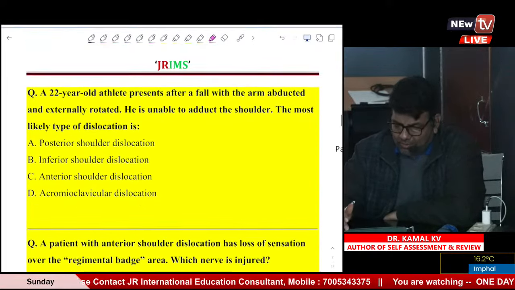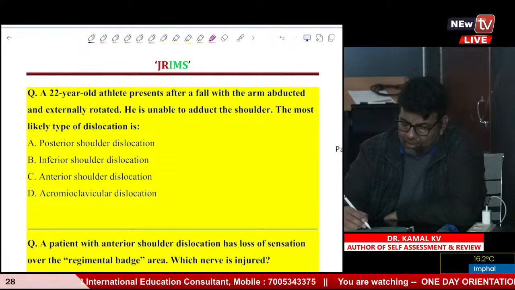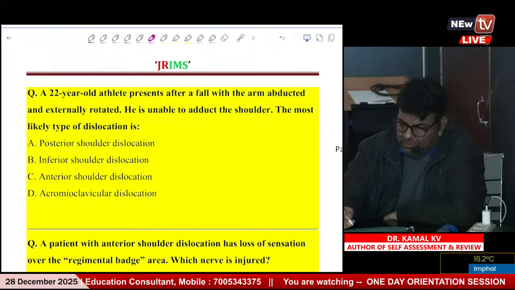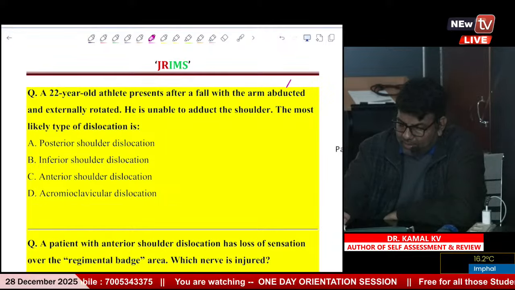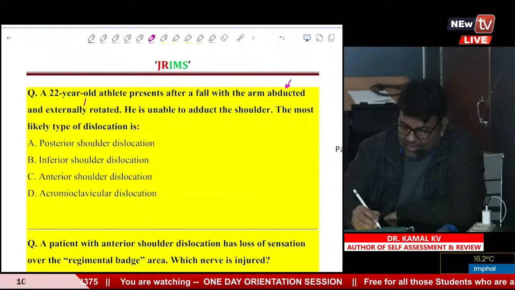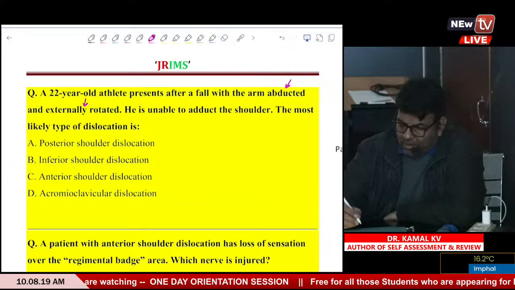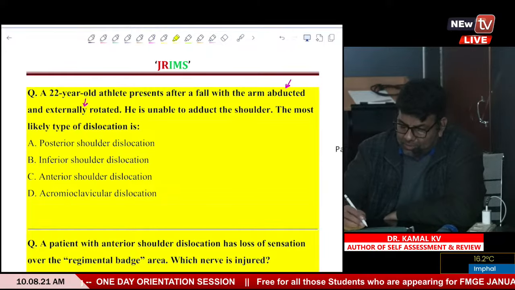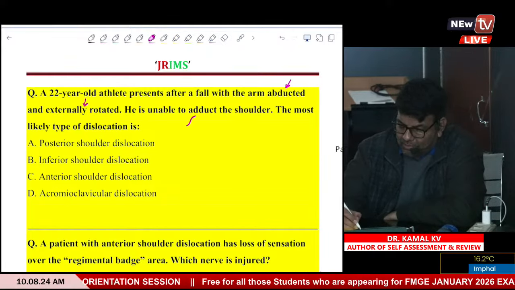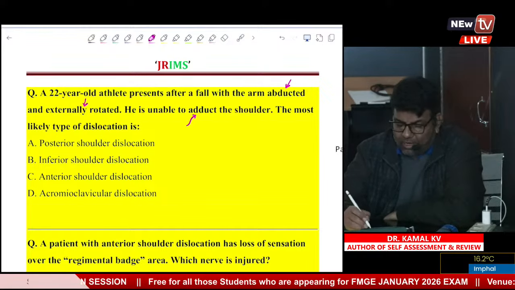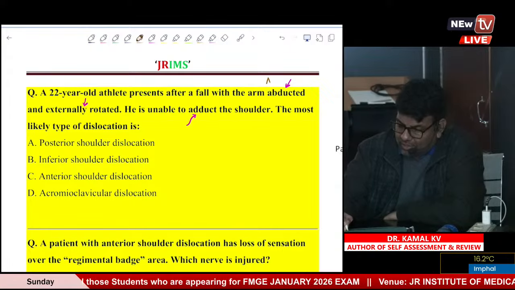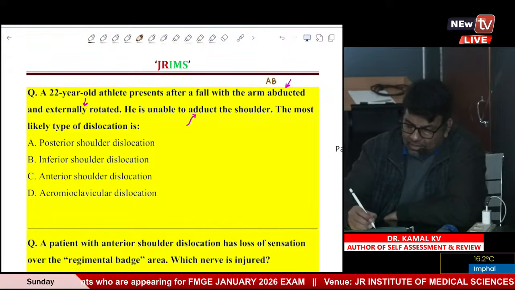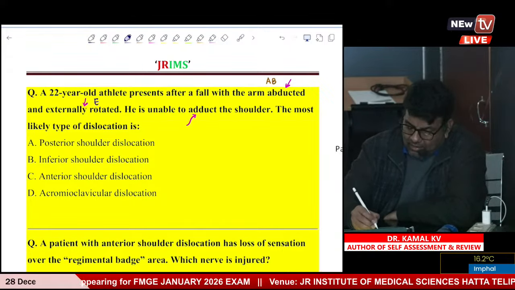Now taking up some questions. Athlete presents with the fall with the arm abducted and externally rotated. Now after this, the patient is not able to adduct. What type of dislocation is this? Very good. So we can write AB and ER.